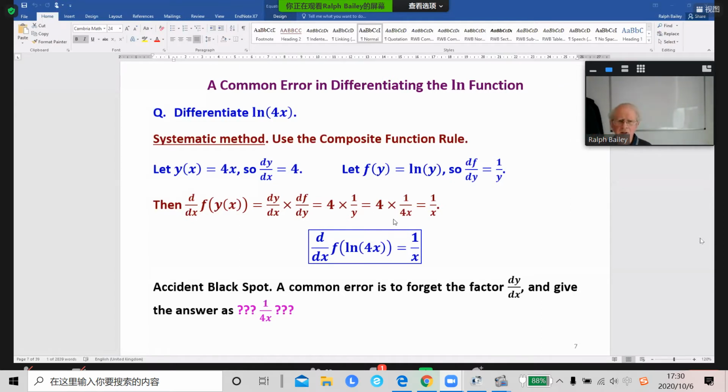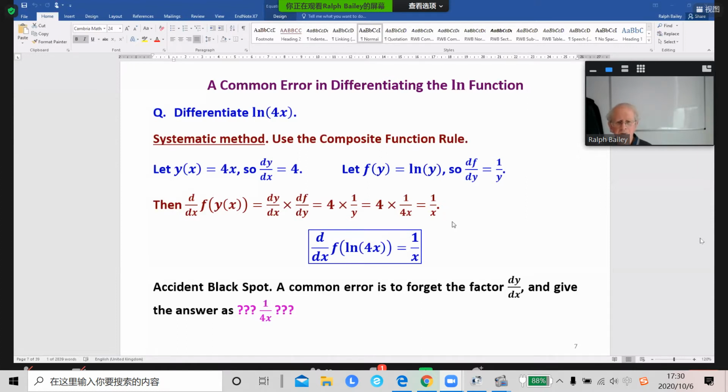And above is how it's done systematically. It's a function of a function. So let y of x equal 4x. And then if you do that, you get dy by dx is 4. Let f of y equal log y, and then differentiate: df by dy is 1 over y.